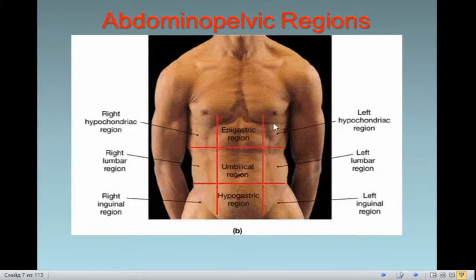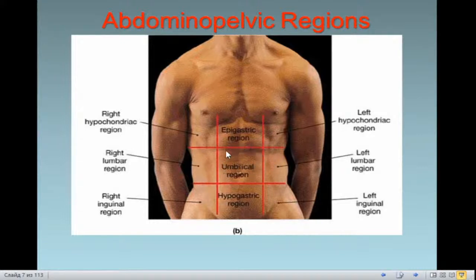So the epigastric region will be divided by these lines into right hypochondriac region, left hypochondriac region, and epigastric proper. Hypochondriac means behind the cartilage, behind the ribs. The next floor, mesogastrium, will be divided into right lumbar region and left lumbar region, sometimes called right and left abdominal regions.